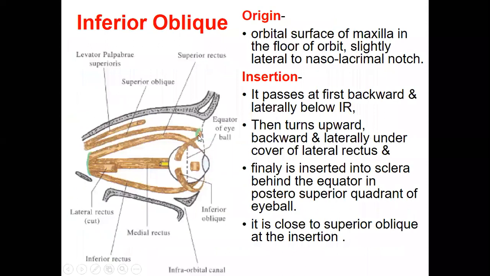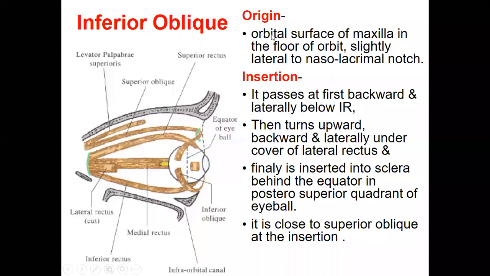Here there is a fibrocartilaginous trochlea. Then it passes backwards, laterally, downward below the superior rectus and is inserted into the sclera in the posterior superior quadrant of the eyeball behind the equator. So this is the insertion of superior oblique muscle.